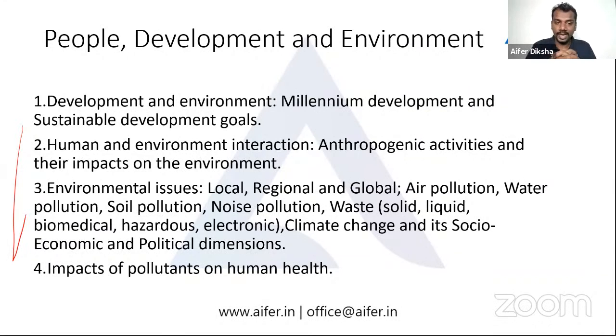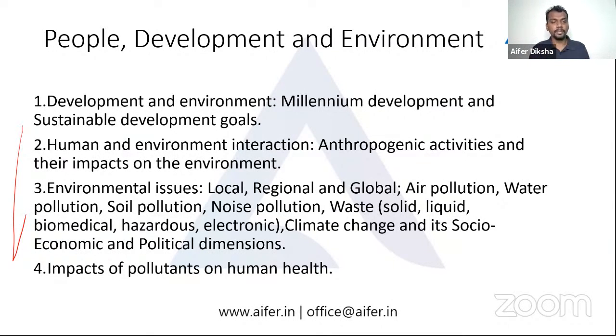Along with point number 3, we have environmental issues, local, regional and global, air pollution, water pollution, soil pollution. These are all different harmful or adverse effects happening on the environment due to the activities of humans. I hope you know what anthropogenic activities mean: activities that are normally done by humans.